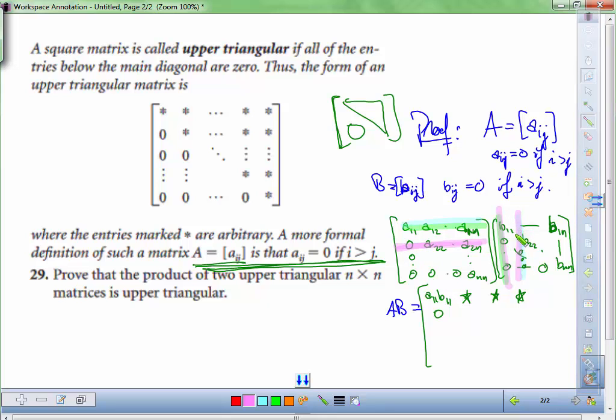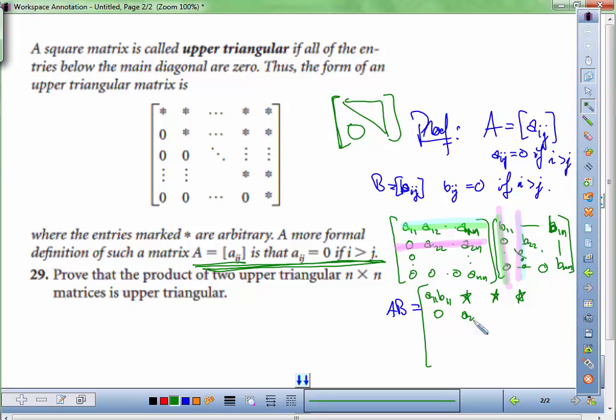So 0, and then you have A22 and B22. And then going to the third row, you have 0 times something, A22 times something, and then A23 times something else. So you're going to have a bunch of somethings here going on for the rest of them.